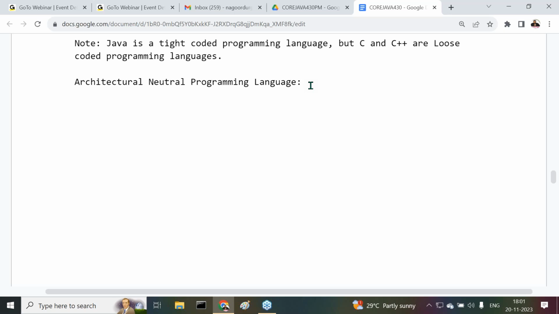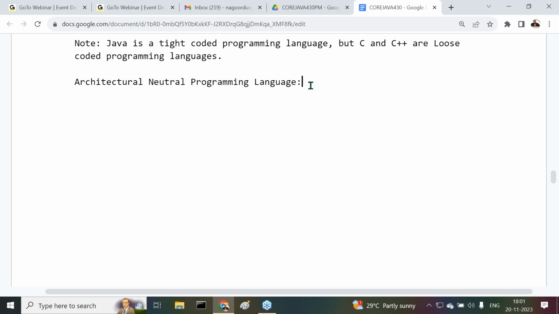Sun Microsystems wants to prepare a new programming language. It must not be bound to any particular hardware system. It must run its applications on all hardware systems. We can take mobiles, computers, maybe parking systems, maybe traffic signaling systems, anything, in every hardware.